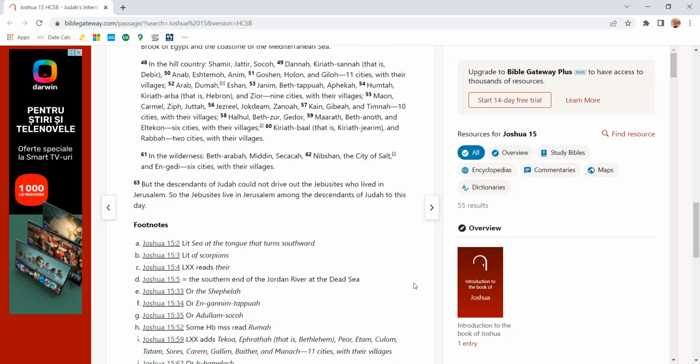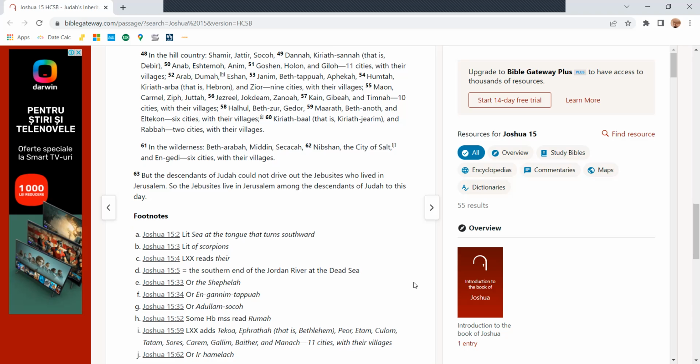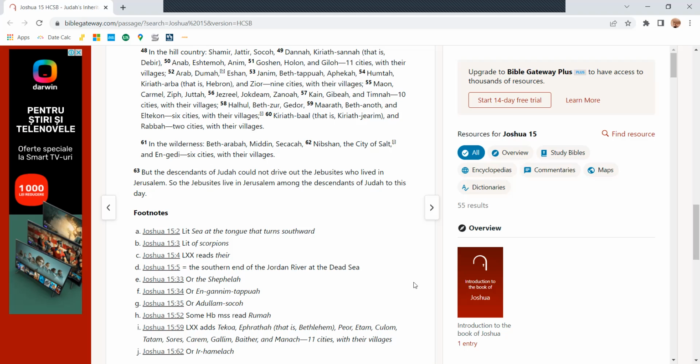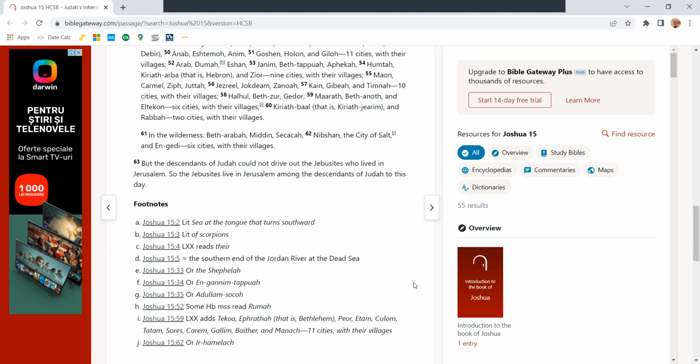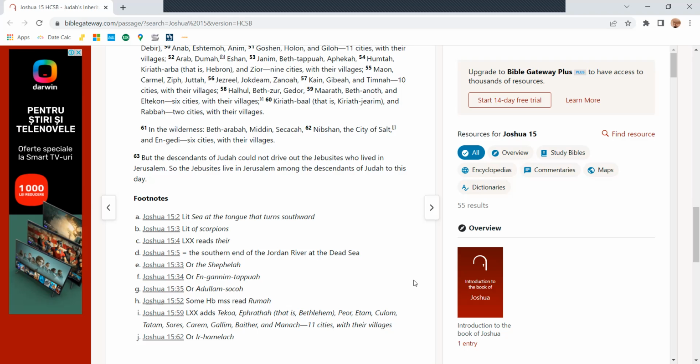In the hill country: Shamir, Jattir, Socoh, Dannah, Kiriath Sannah, that is Debir, Anab, Eshtemoh, Anim, Goshen, Holon, and Giloh: eleven cities with their villages. Arab, Dumah, Eshan, Janim, Beth Tappuah, Aphekah, Humtah, Kiriath Arba, that is Hebron, and Zior: nine cities with their villages.